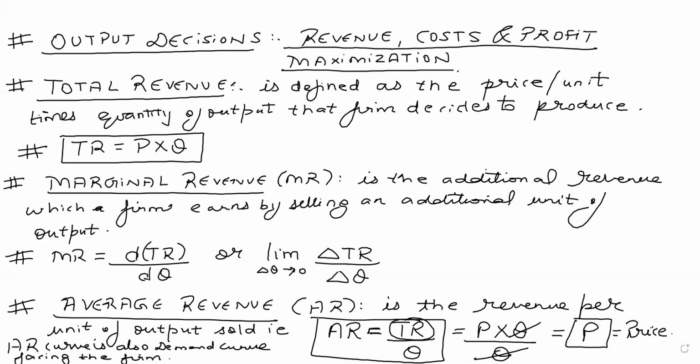I'm revising it once again with all the students. Mathematically, average revenue is nothing but revenue per unit of output sold. So AR is equal to TR by Q, but TR itself is P into Q. P into Q divided by Q is nothing but P. That means the average revenue received by a firm is exactly equal to the price per unit. So I can say average revenue is also called the demand curve facing the firm.